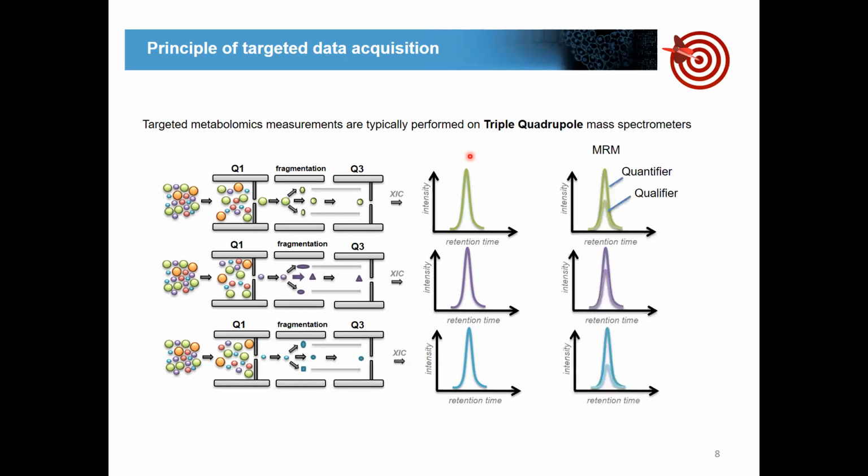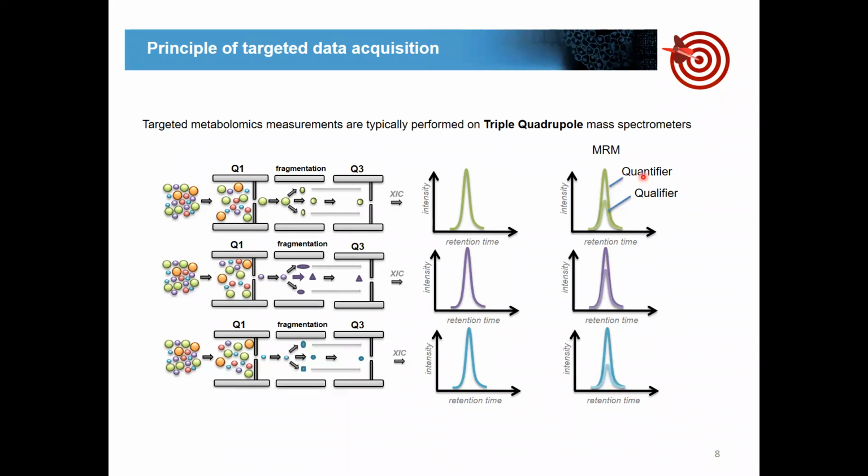And this is then called MRM, or multiple reaction monitoring. In a second scan, not only this one mass transition is stabilized, but another mass transition is stabilized in Q3, and we get two peaks.